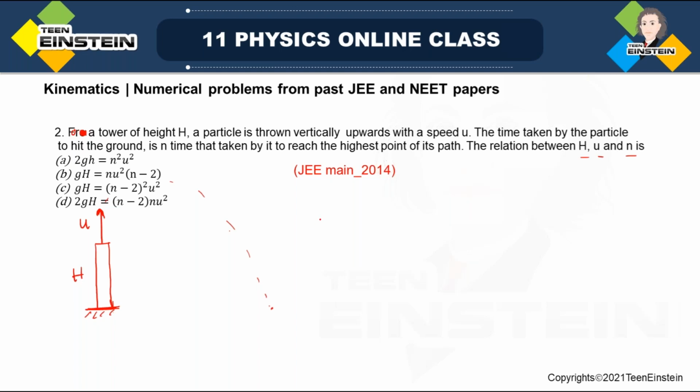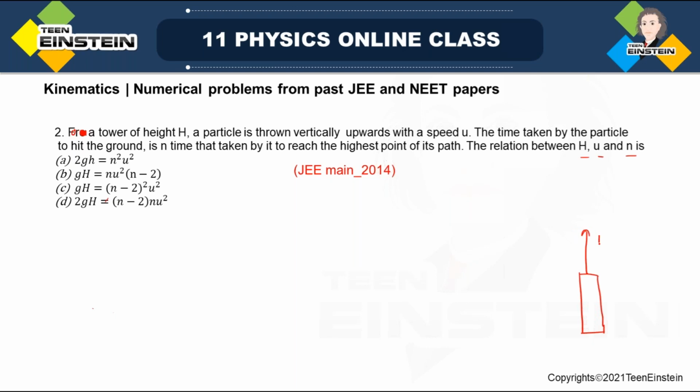So what it is saying is, let me draw this tower somewhere in the middle or right hand side, so I'll get some space to write also. Suppose this is the tower.